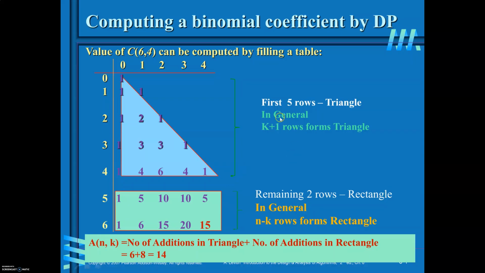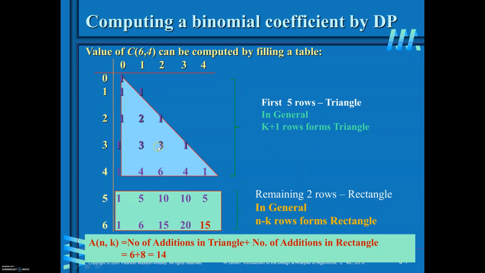Okay. So in this example, the first 5 rows form the triangle. First 5 rows including 0. That means here k value is 4, that is k plus 1 rows form the triangle. The remaining 2 rows, the remaining 2 here is nothing but n minus k rows, form the rectangle.